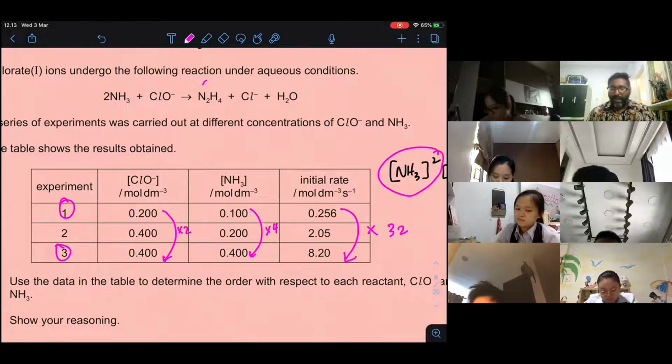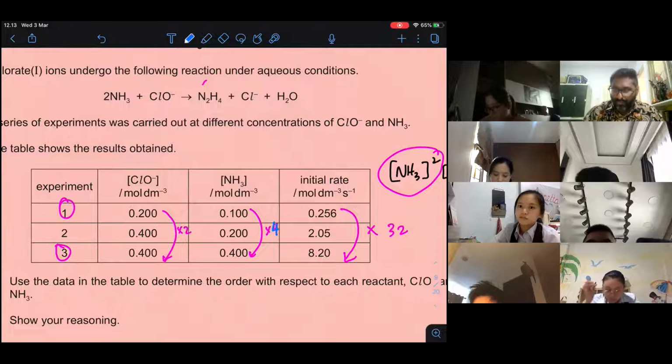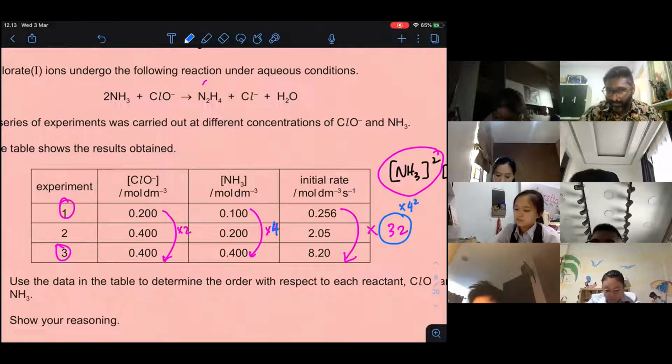And I know that ammonia is second order. So if this is going to be times by 4, this is supposed to be times by 4 to the power of 2, which is 16.